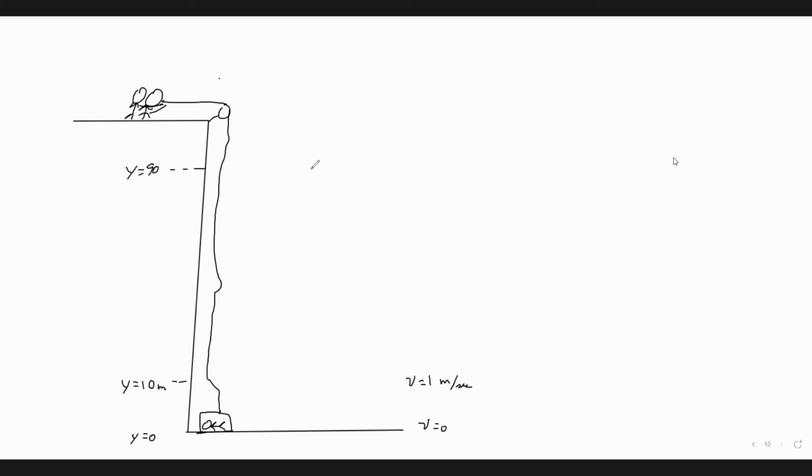And at y equals 90 meters, my speed is 1 meter per second. And here at the top, just before the rescuers grab him and swing him over the cliff, v is equal to 0. So I'm accelerating this guy for 10 meters to 1 meter per second. He's moving with a constant speed of 1 meter per second. Then I'm slowing down from 1 meter per second to 0 over the last 10 meters.